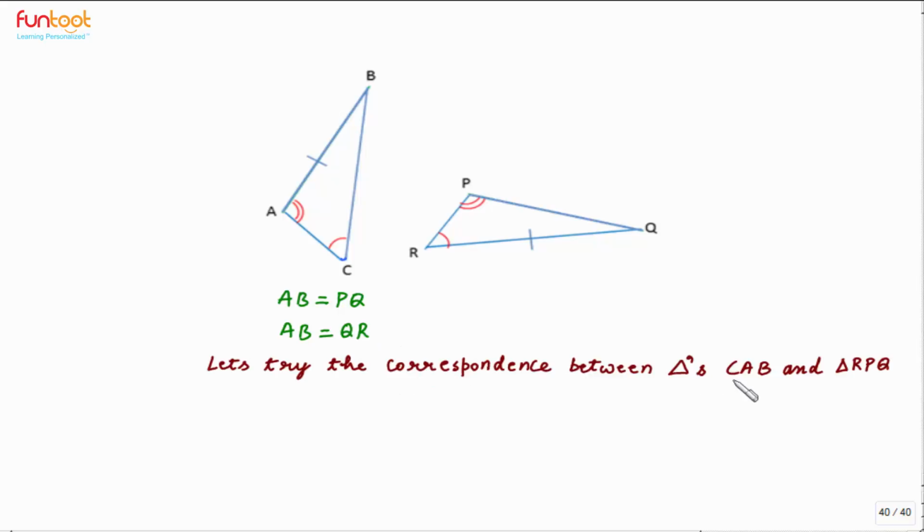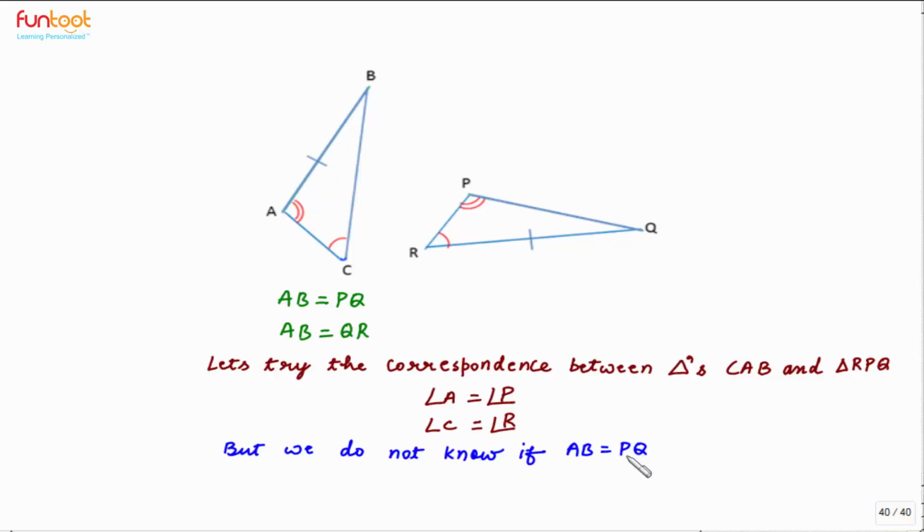Let's try the correspondence between triangles CAB and triangle RPQ. So in these two triangles, we can see that two pairs of angles are equal. That means angle A is equal to angle P and angle C is equal to angle R. But we do not know if AB is equal to PQ. Therefore, we cannot say if triangles are congruent or not.